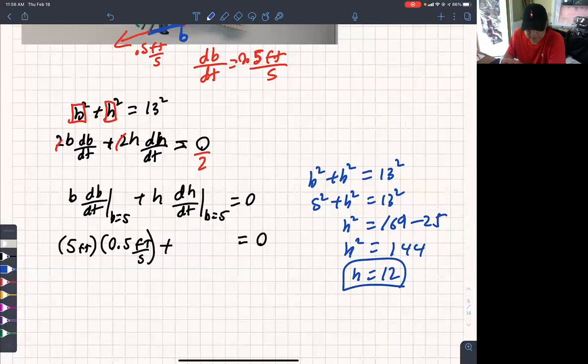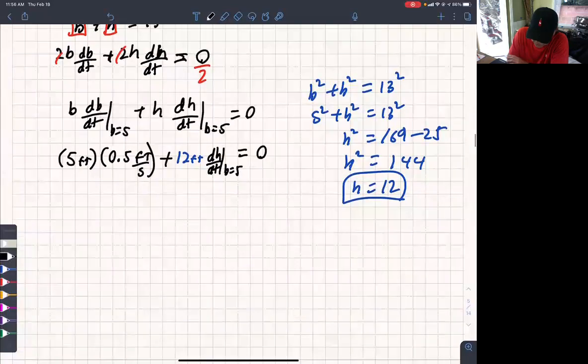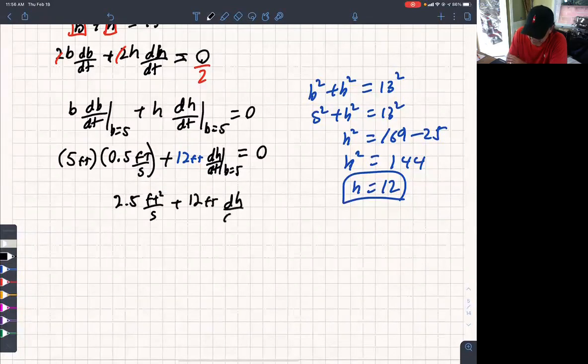How nice. So we're going to plug that 12 feet here, and we're searching for dh/dt when b is 5. This will be 2.5 square feet per second plus 12 feet times dh/dt.